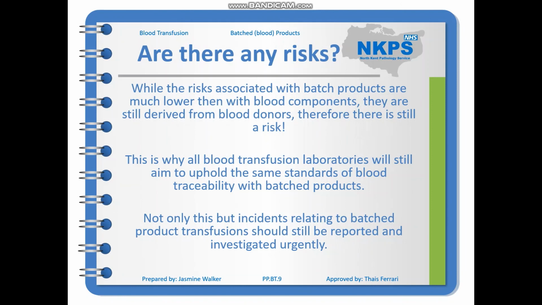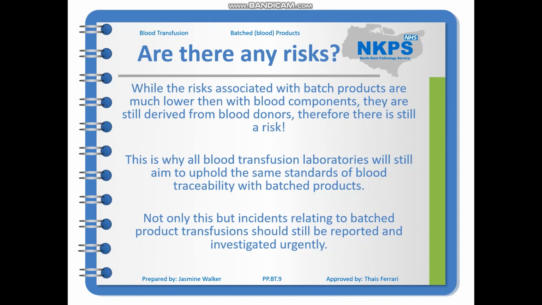As the name suggests, batch products are produced in batches and we get given a batch number. This is why when you are transfusing or issuing a batch product, it's really important that the batch you have issued and assigned to that patient is the batch they are given.